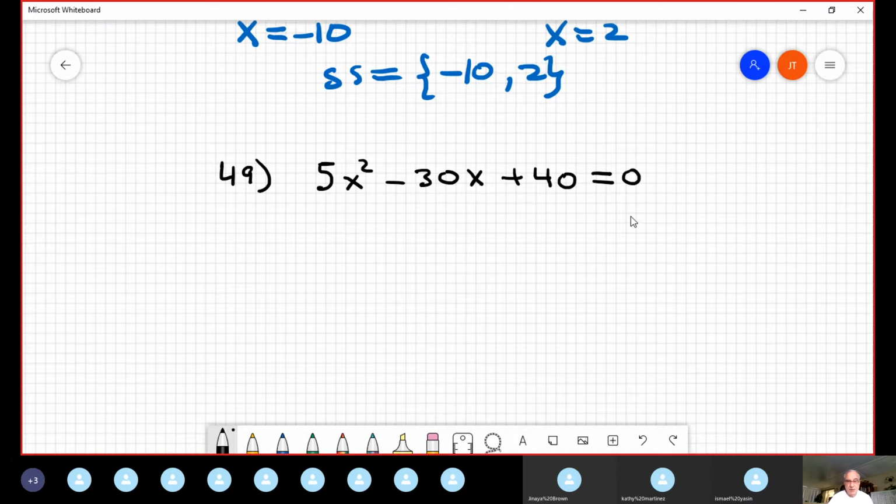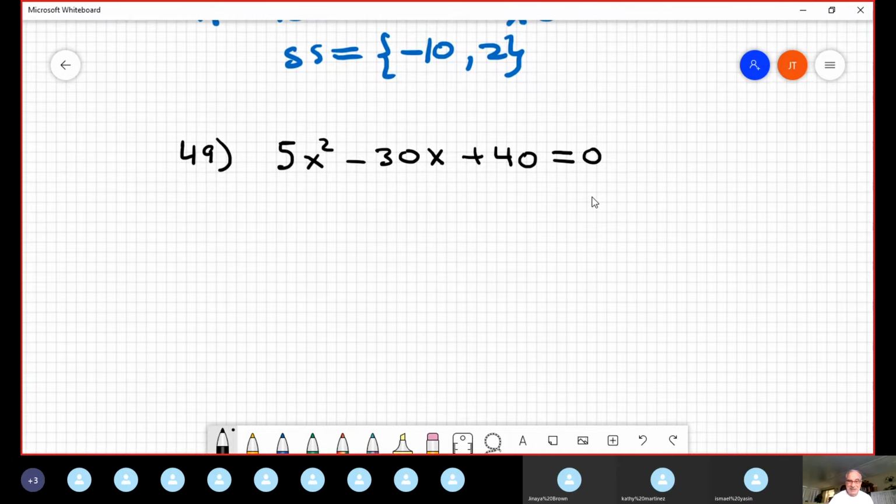Then, this looks like a special, because the coefficient is not 1, it's 5. But no, actually no. Why no? Because, okay, according to the rules of the factorization, the first thing you should do always is find the GCF. You try to see if the GCF is 1. So we cannot do something, but in this case, no.